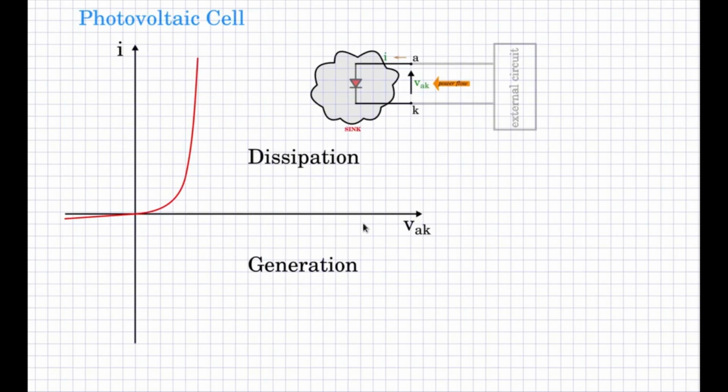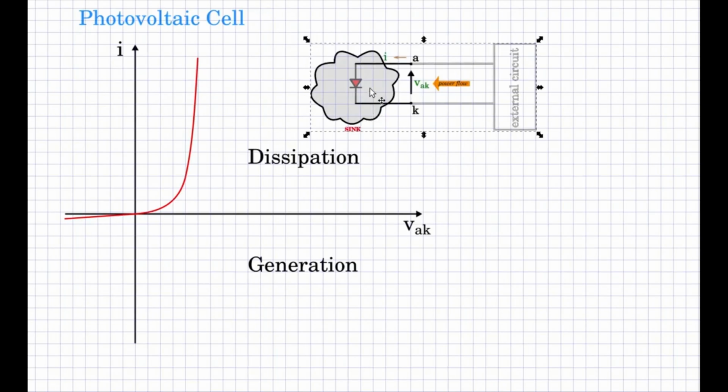Here the voltage is still in the same direction and only the current has become negative, or current has reverse direction here, in which case the power flow also reverses direction, which means the power is flowing out of the terminals and therefore acting as a generator. So this portion of the IV characteristic is of interest to us because we would like to see how this diode can become a PV cell and also a generator.